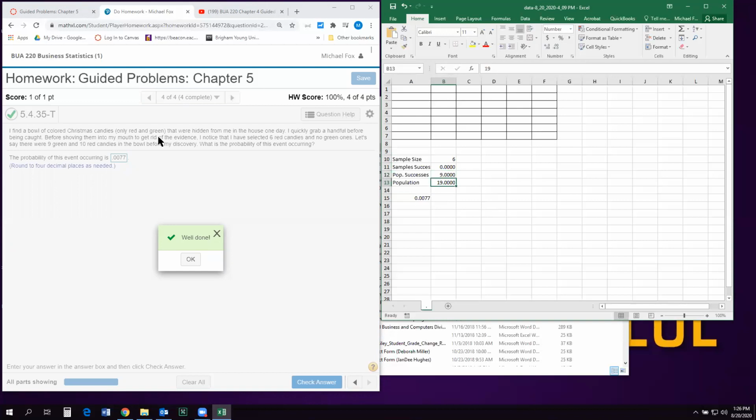And our total population would still be the green plus the red, 19. So we can see that if we do it that way, we still come out with the exact same number, 0.0077. So you can set the success either way. You just have to then identify your sample success and your population success based on that same factor. And our choices were either just to say red, grabbing a red candy was a success, or grabbing the green candy was a success. And we could do it either way and come out with the right math.